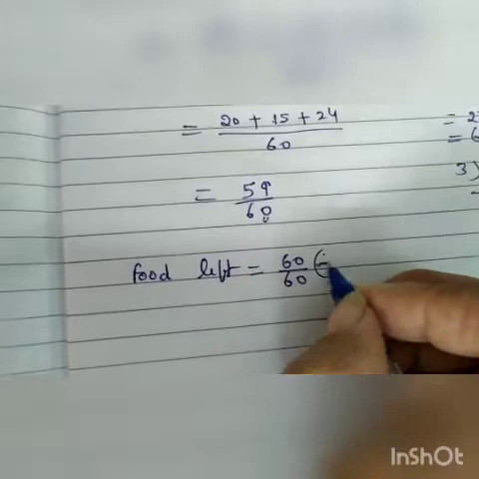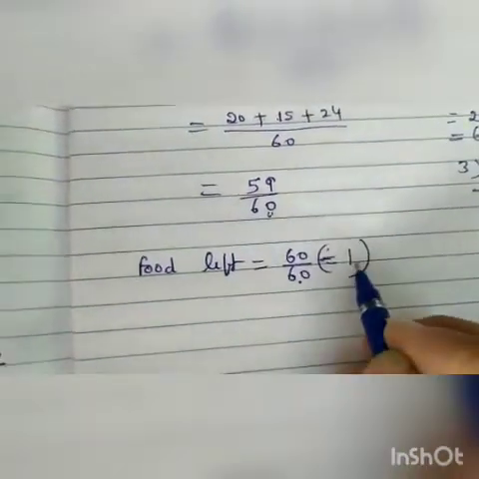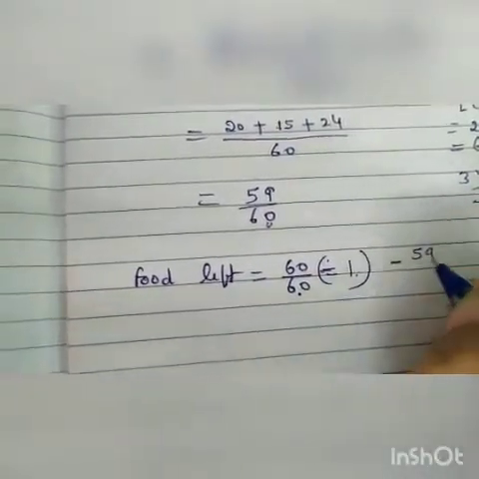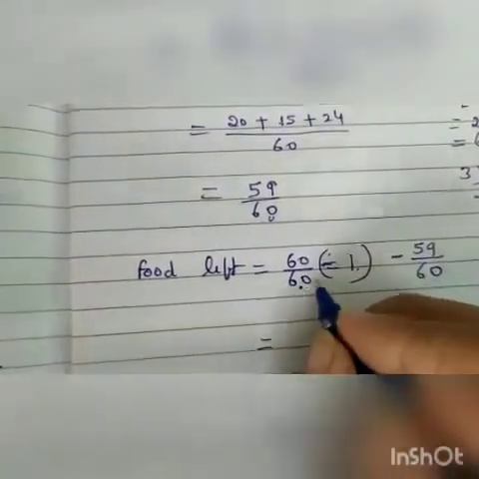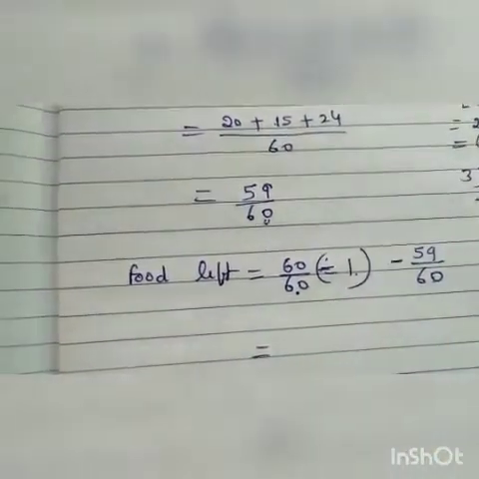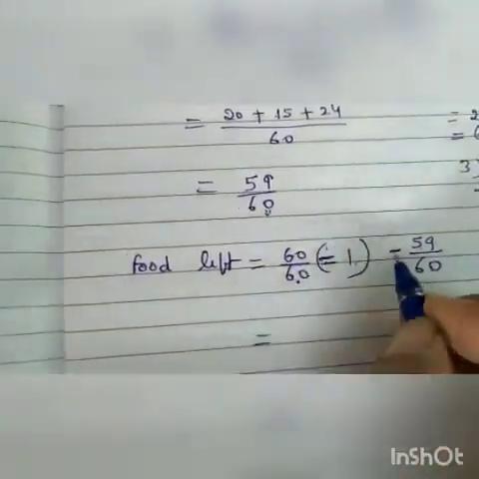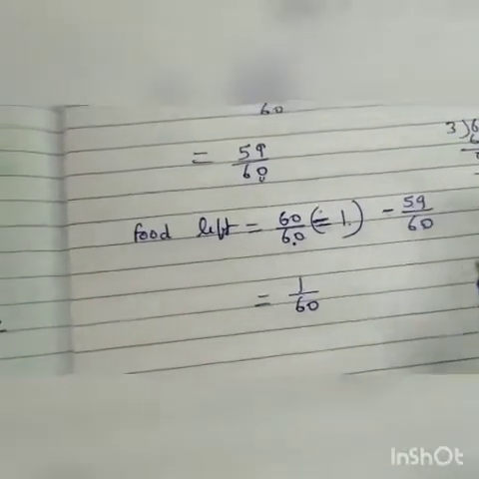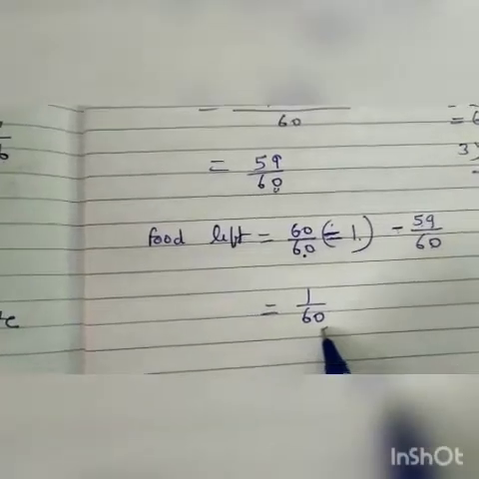It is equal to 1 part, and food eaten during the day is 59 upon 60. So both the denominators are same. No need to find LCM. So 60 minus 59, it is equal to 1 upon 60. So how much food is left? 1 upon 60 part of the food is left.